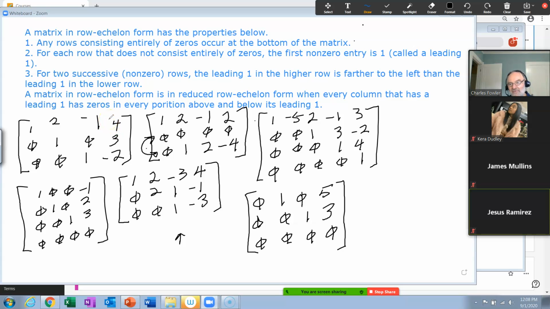Then do back substitution. Subtract 6 plus 2, 8. x is equal to -4. That's what we mean by back substitution.